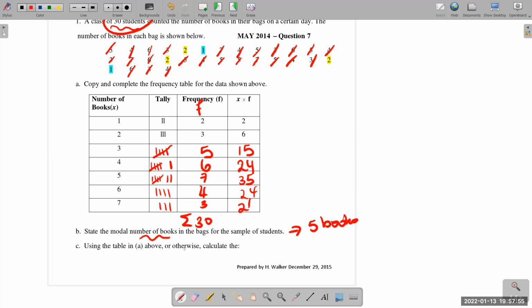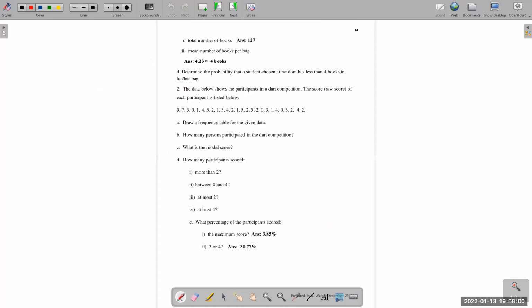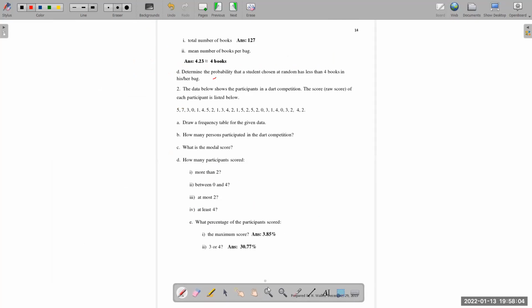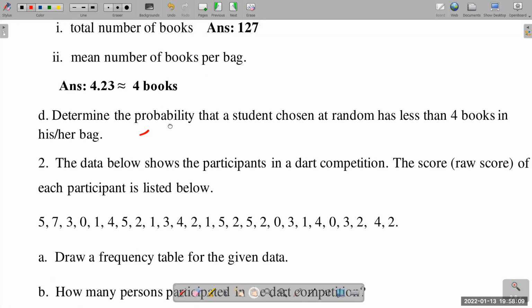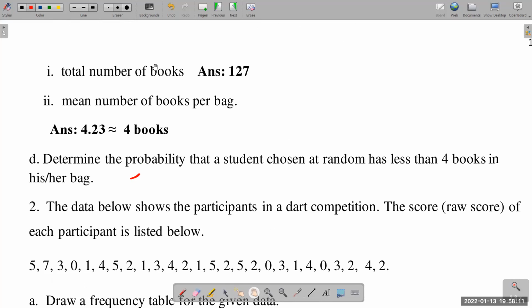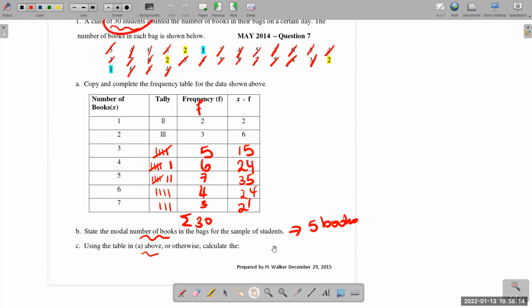So let's go now. Using the table above or otherwise, you realize they're always gonna say either use the table or something else. Let me look for the other part of the question. What is the question asking us for? Let me zoom in. What I like here is that it gives us, what is the total number of books? How do we find the total number of books? Anybody remember? It's for us to add up what in here. Because remember they said 2 persons read 1 book, 3 persons read 2 books.